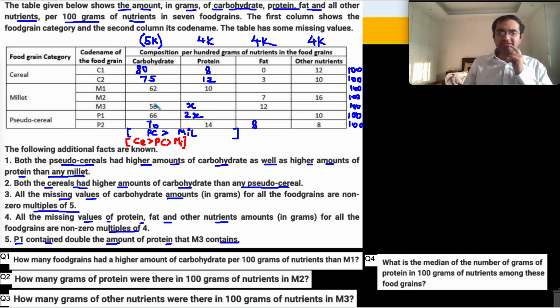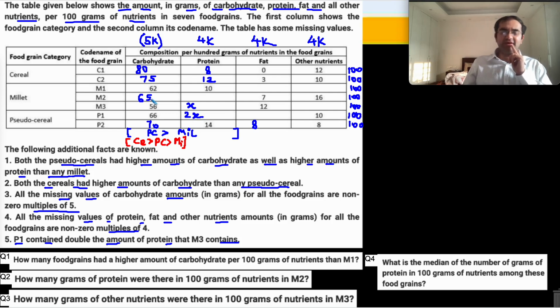66, 70 is more than 62, 56. Now here I have to put one more value, which should be a multiple of 5. So a multiple of 5 smaller than 66, 70, maybe I can put 65. 66 and 70 are greater than the millets. Multiple of 5.